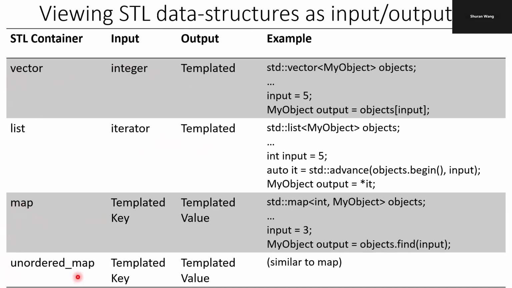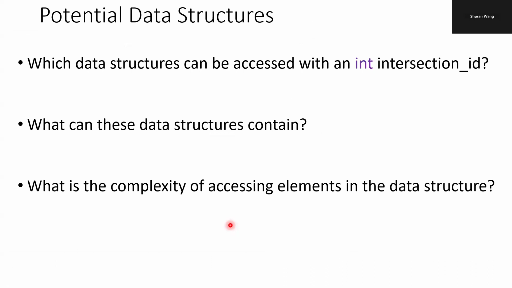Map and unordered map take in templated key and output templated values. So which data structures can be accessed with an int intersection ID? Which of those four?